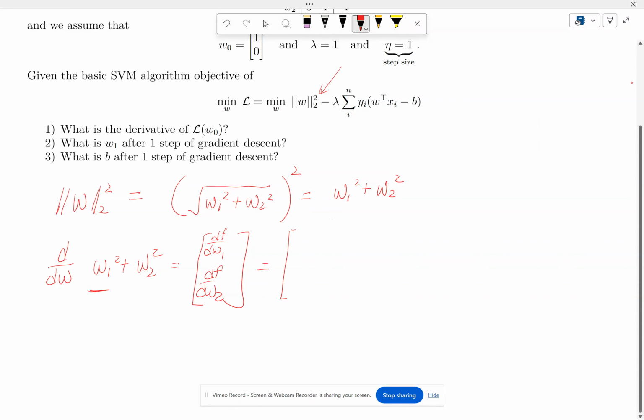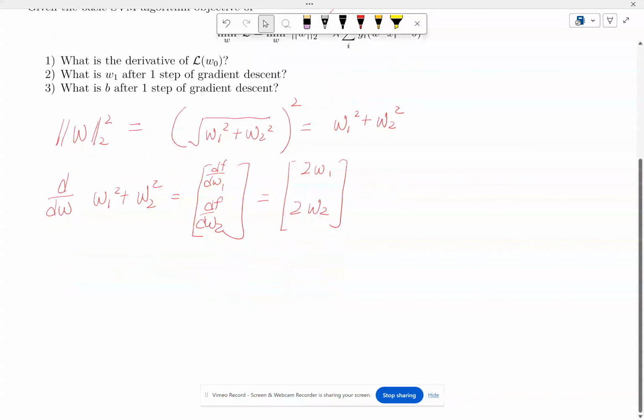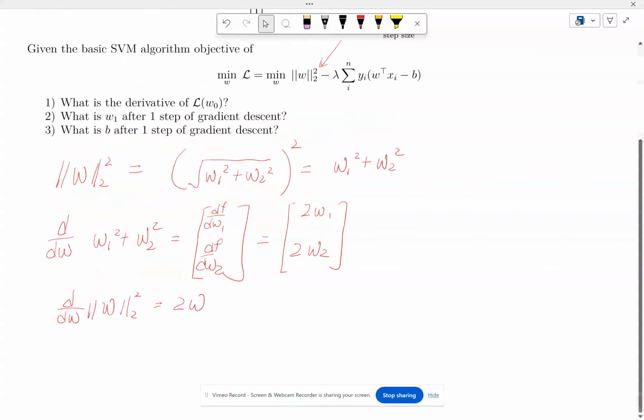It's just 2W1. And with respect to W2, it's just 2W2. So this tells us that the derivative dW of the L2 norm squared is just 2W. Okay, so we now know the derivative for the first part.